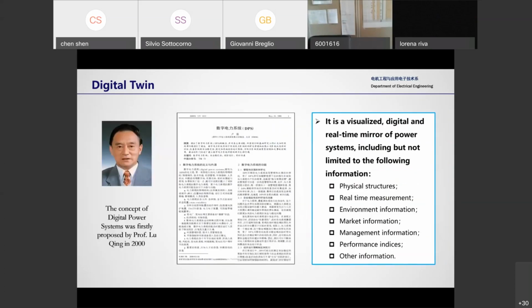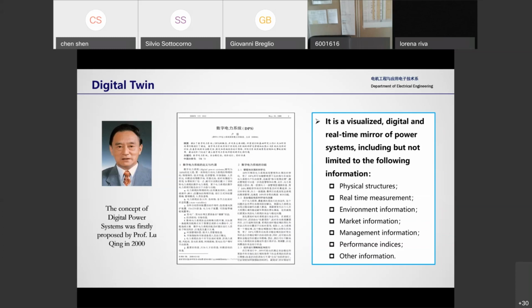Actually, two years earlier, in the year 2000, Professor Lu Qiang, a full professor of my department, presented the concept of digital power systems. Professor Lu defined digital power systems as a visualized digital and real-time view of power systems, including but not limited to the following information.